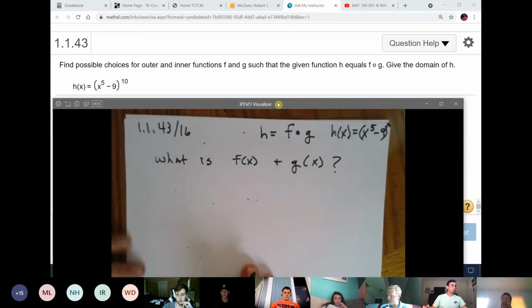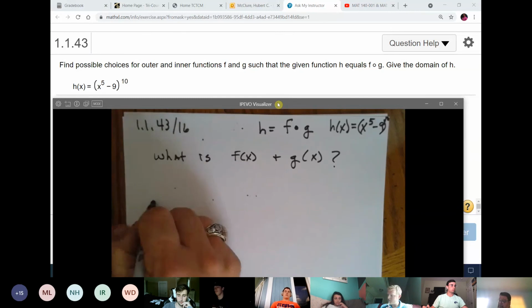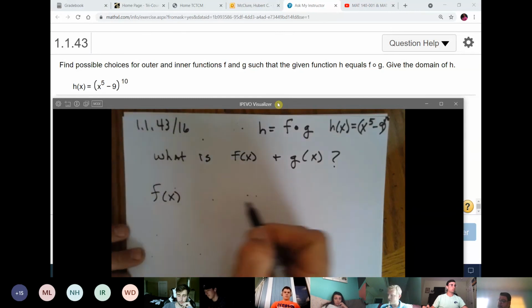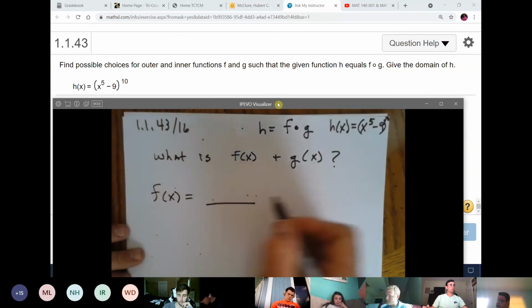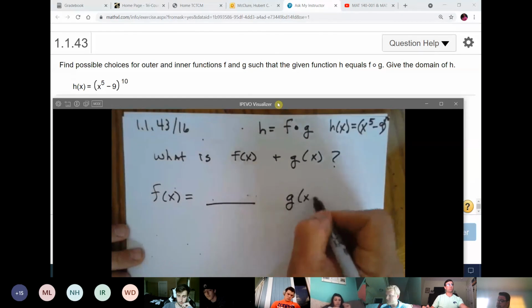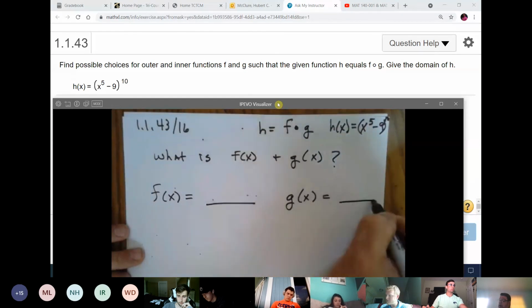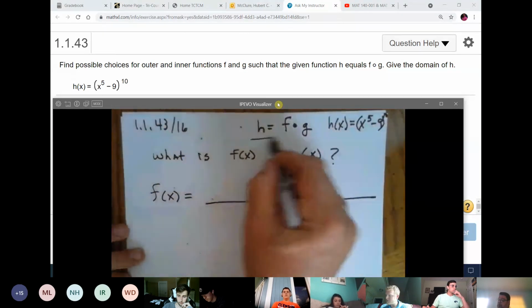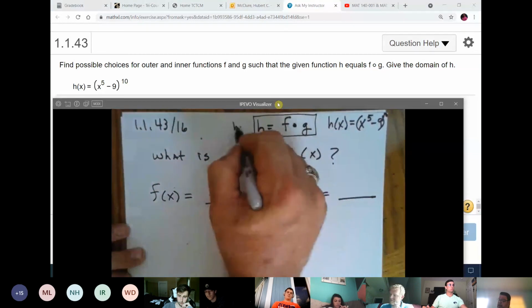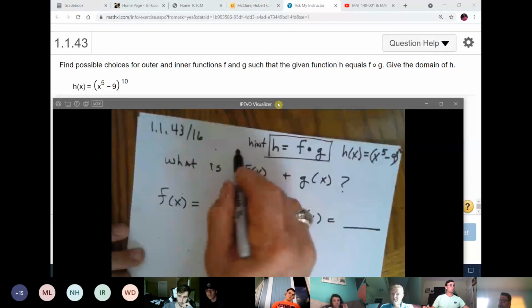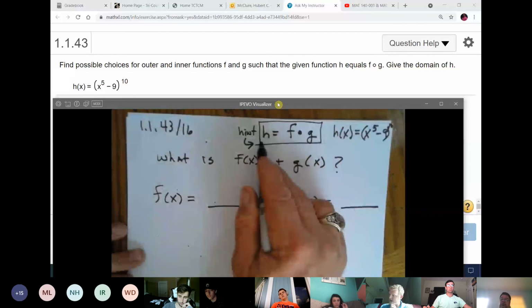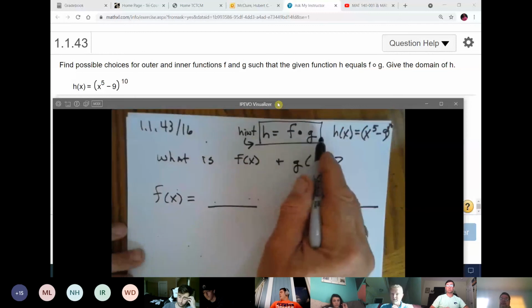So that means that f of x is equal to something and g of x is equal to something. But they give you the hint right here that h is equal to f of g.